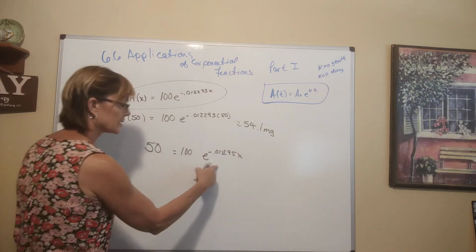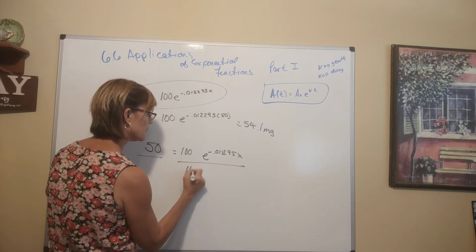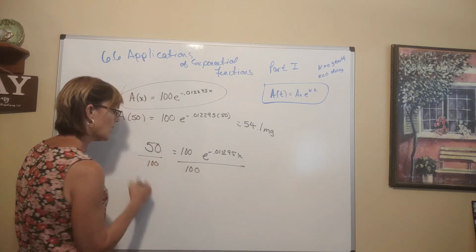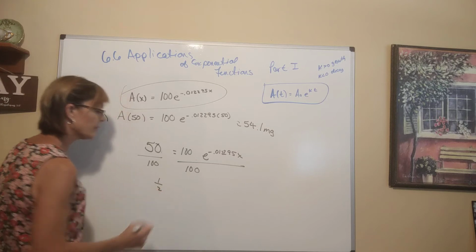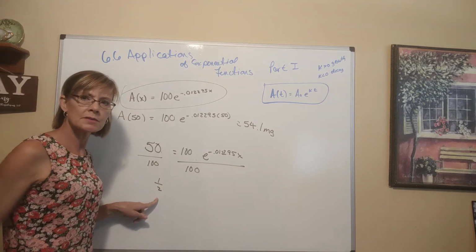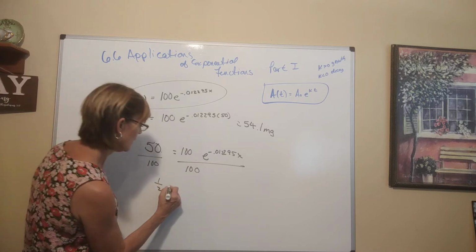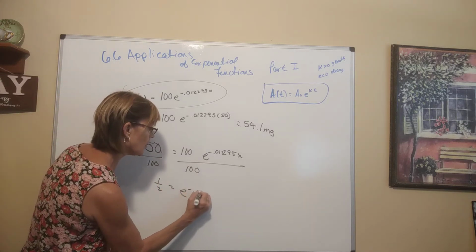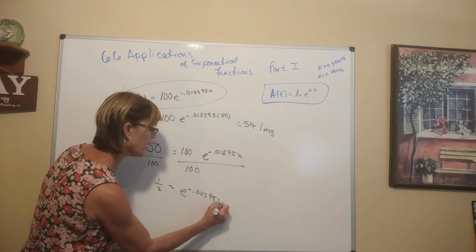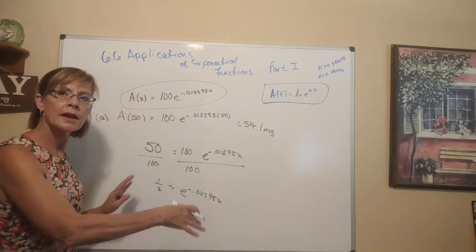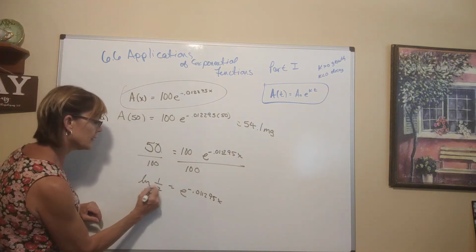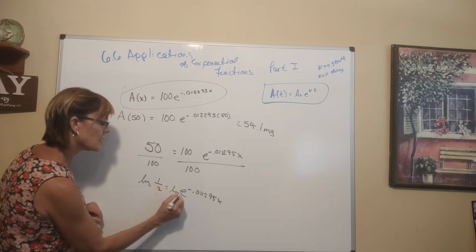How long will it take for this to turn into just half of that? I isolate the exponential expression by dividing both sides by 100. 50 divided by 100 is 1/2. That's not a coincidence, because we want to know how long it would take to decay to half of the initial amount. So 1/2 is equal to e to the negative 0.012295x. Solve for x by applying a logarithm. The natural log of this is equal to the natural log of that.